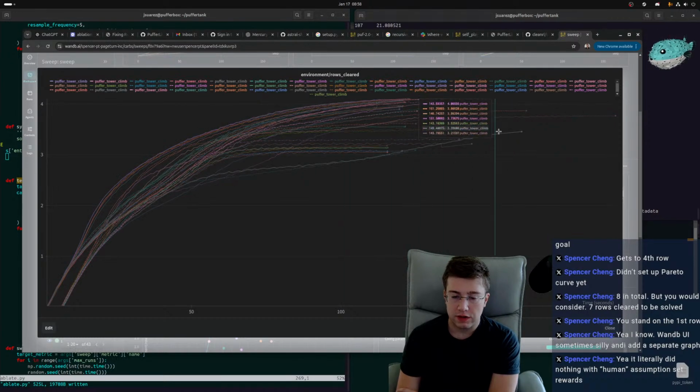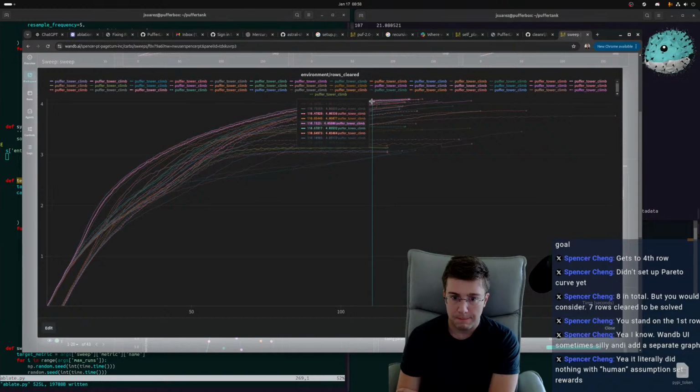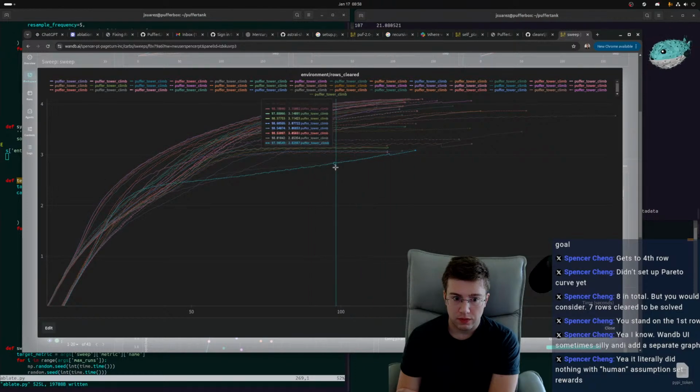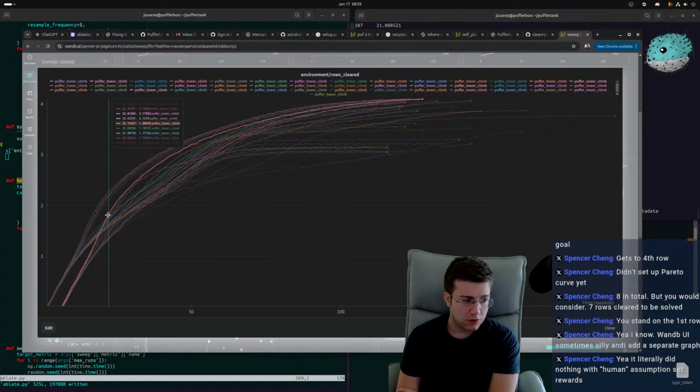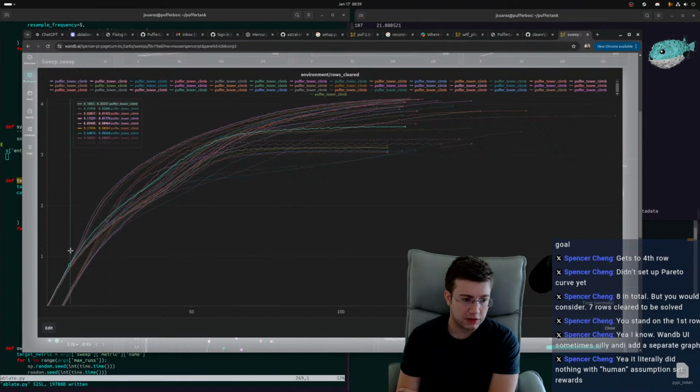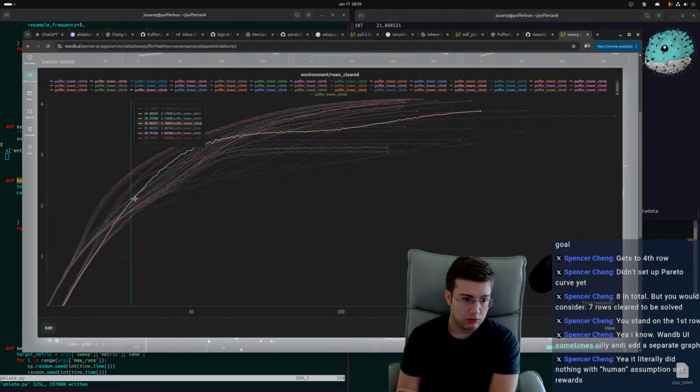These are ridiculously clean curves, you know. These are ridiculously clean curves. I'm surprised it doesn't jump up. This is the type of environment where you would expect it to jump up in rows.